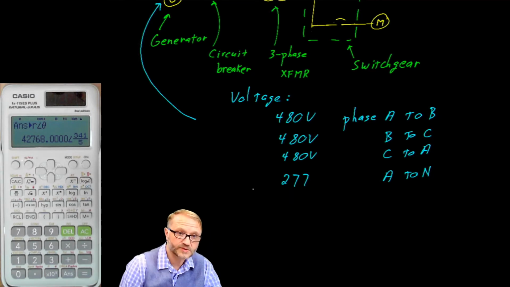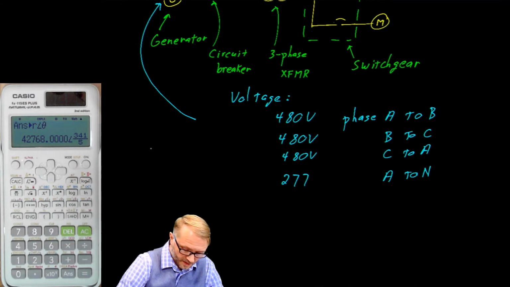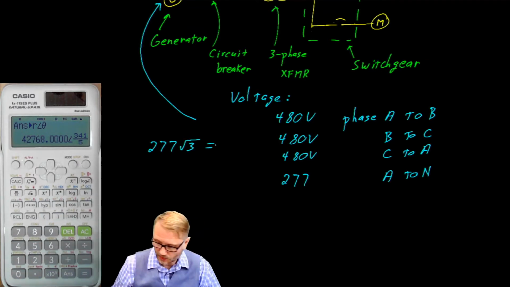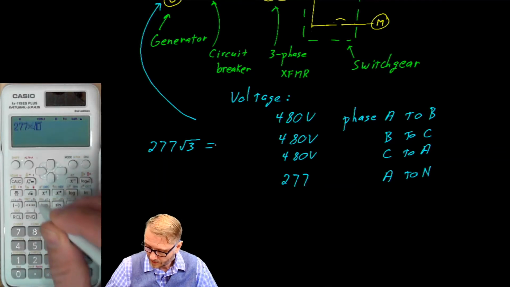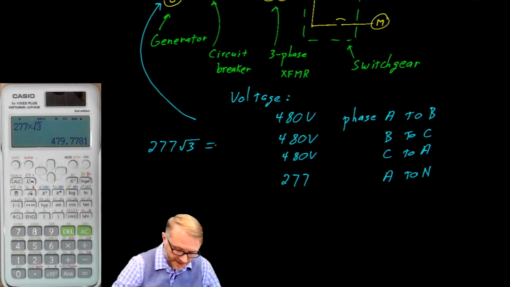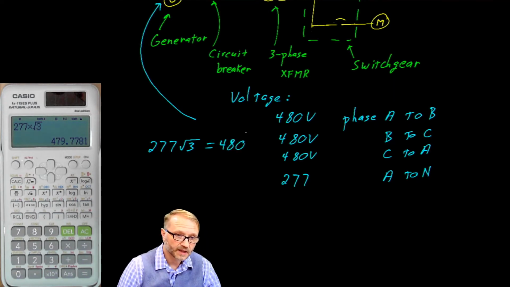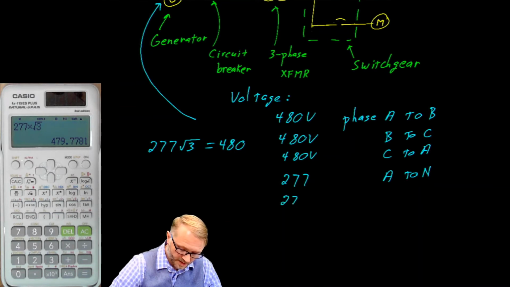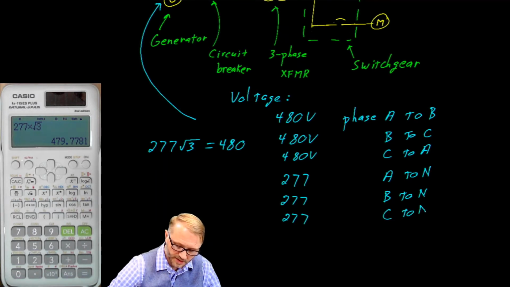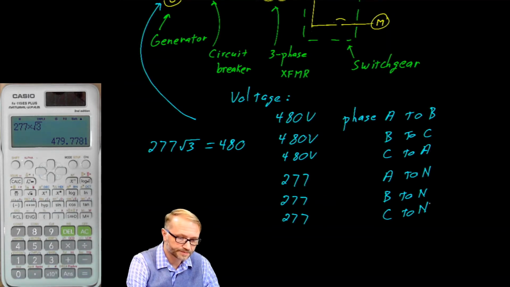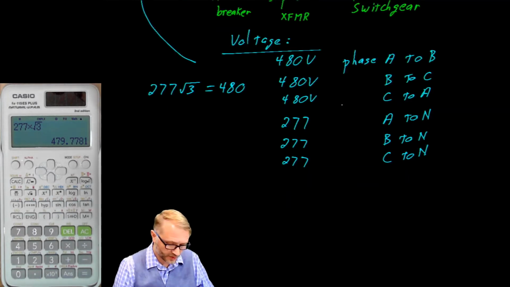By the way, where did that 277 come from? 277 times root 3 is equal to, there we go, 480. So 277 is a line to neutral, 277 B to neutral, and 277 from C to neutral. So there are 6 different positions that you might want to measure there. That takes care of the voltage.